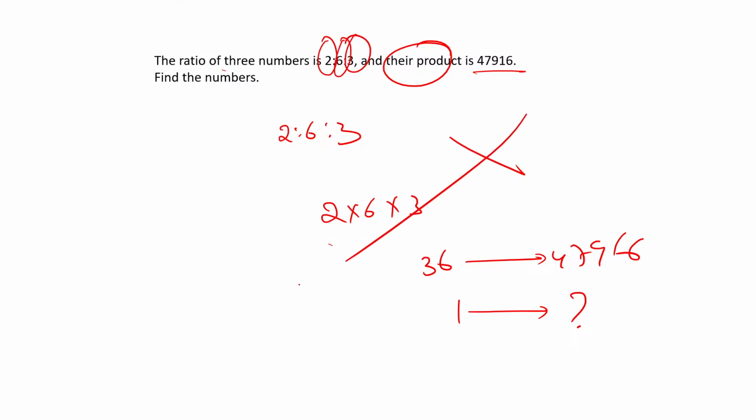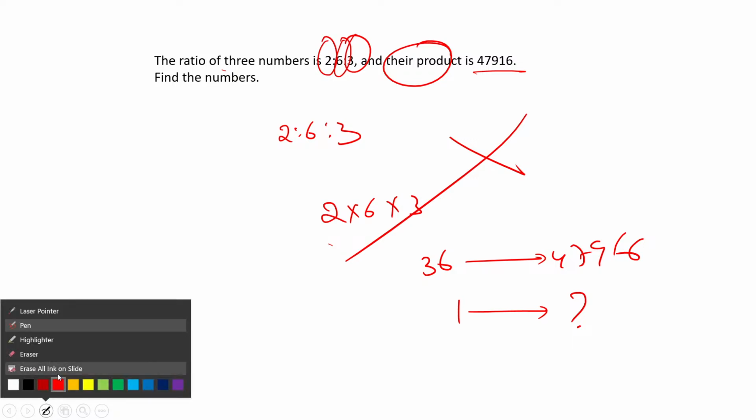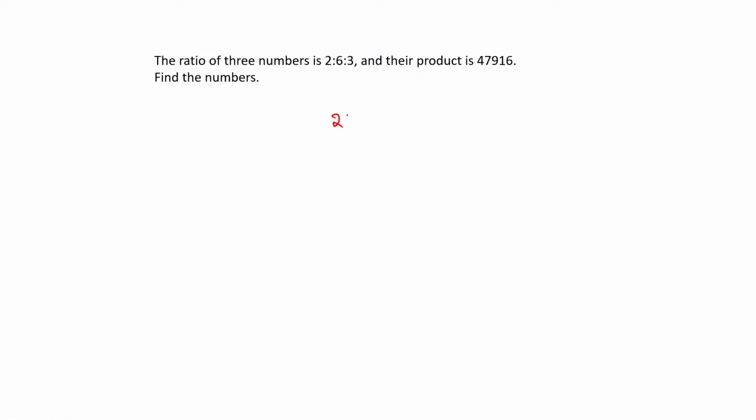Why? Because if the ratio is 2 is to 6 is to 3, it doesn't mean that the numbers are 2, 6 and 3. In these kinds of problems, if you know the ratio as 2 is to 6 is to 3, you have to take the original numbers as 2x, 6x and 3x. If you multiply these three numbers, the x also gets multiplied three times.